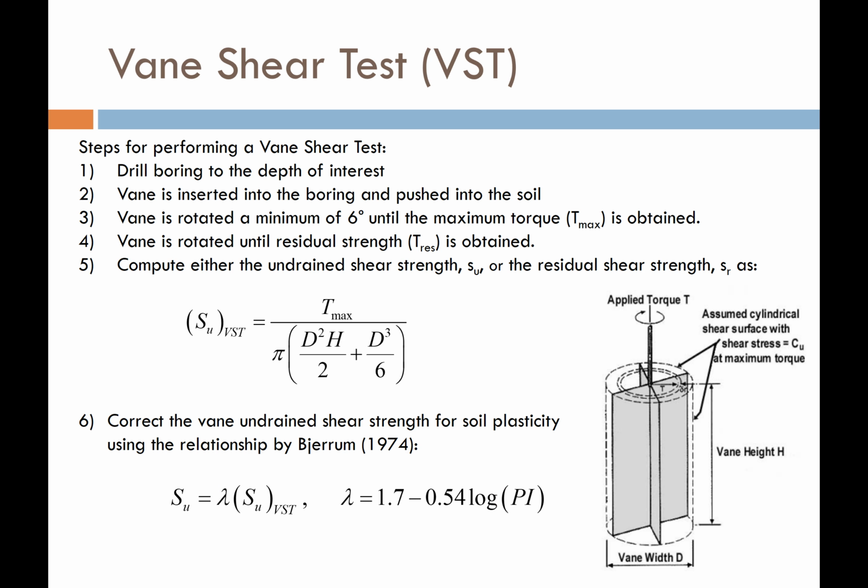So we can correct our undrained shear strength measurements, and generally what we see is we can get estimated strengths or increased strengths on the order of 30% for really low plasticity clays. For high plasticity clays, it will actually reduce the measured shear strength slightly, maybe up to, if you get really high plasticity clays, you can get like a 10 to 30% reduction. But anyway, this is a nice factor that is commonly used in practice.